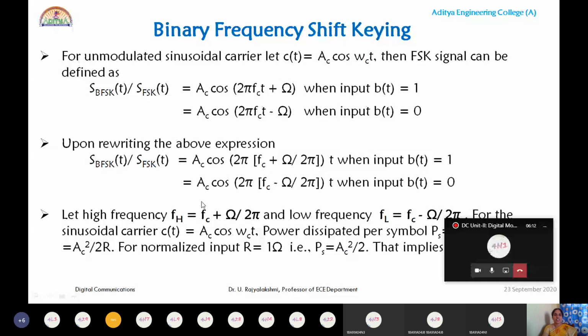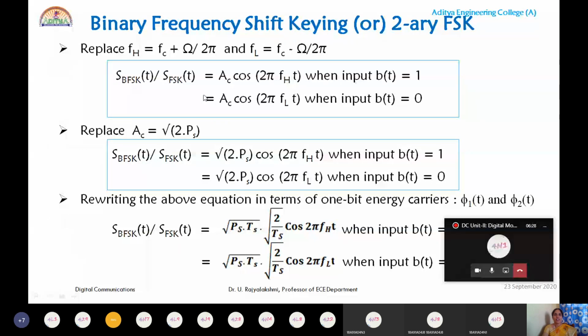We discussed in the last class that we replace fc plus omega by 2 pi as fH, and fc minus omega by 2 pi as fL, and replace Ac as root 2 Ps. Then you get the expression for the FSK signal as Ac cos 2 pi fH t when input data bit is 1, and Ac cos 2 pi fL t for input b of t is 0.